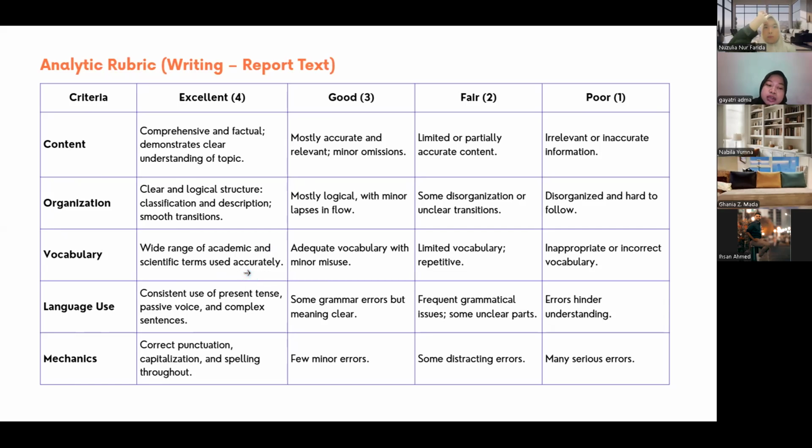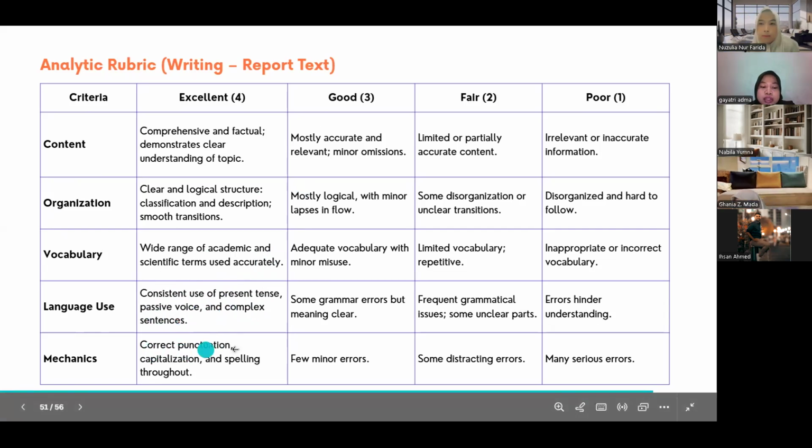They also use consistent tenses, like the present tense in the report text. They can use passive voice and complex sentences in an appropriate way, and they use correct punctuation, capitalization, and spelling in the writing.